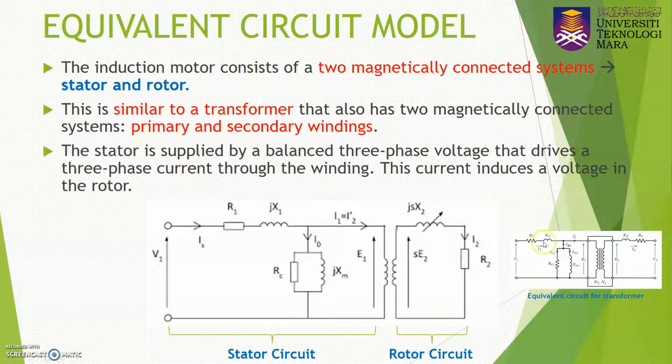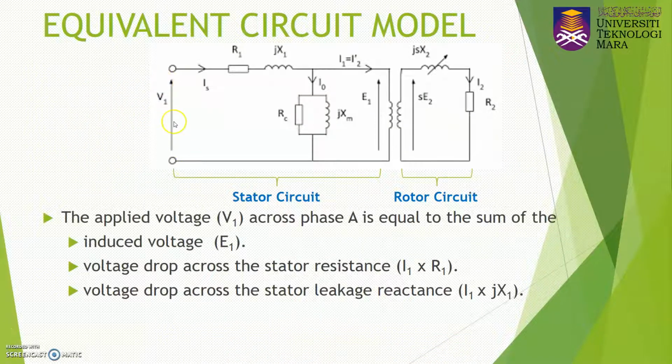Based on the equivalent circuit model of the induction machine, we can find V1 by applying KVL at the first loop.